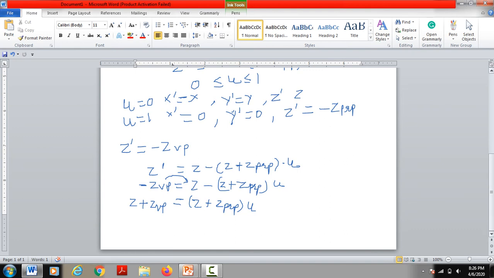So the value of u that is obtained according to our view plane is u is equal to (z plus zvp) divided by (z plus zprp).